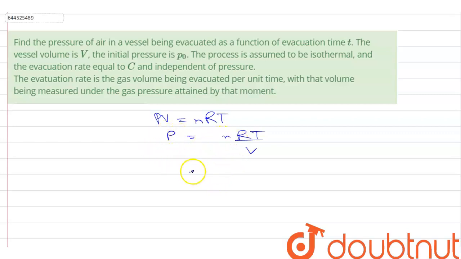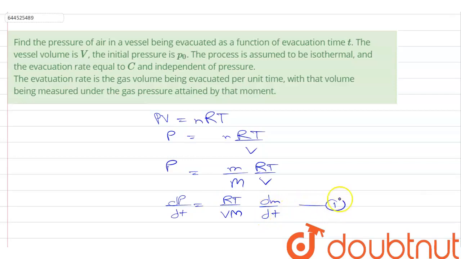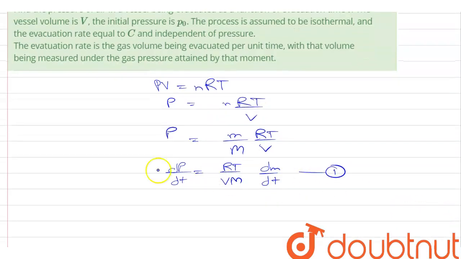Now I can write the number of moles in terms of mass, so P is equal to mass upon molar mass times RT by V. Now let's differentiate this equation with respect to time. So dP by dt is equal to RT by VM, since V and M are constants and can be brought out, times dm by dt. Let's mark this as equation number 1.